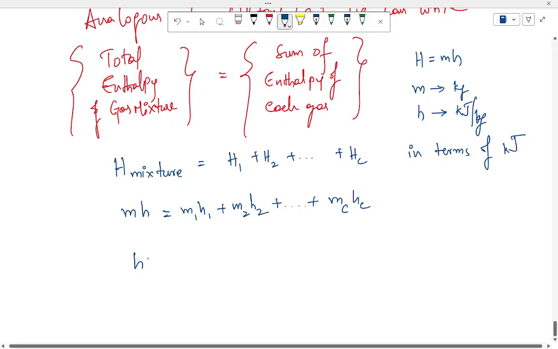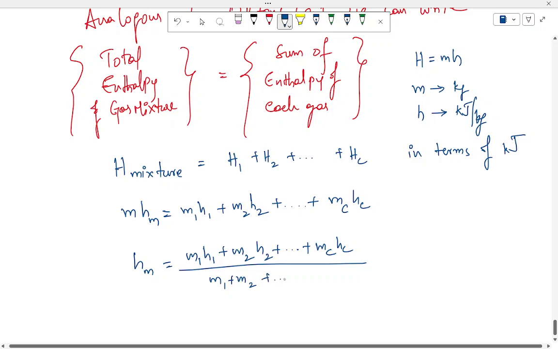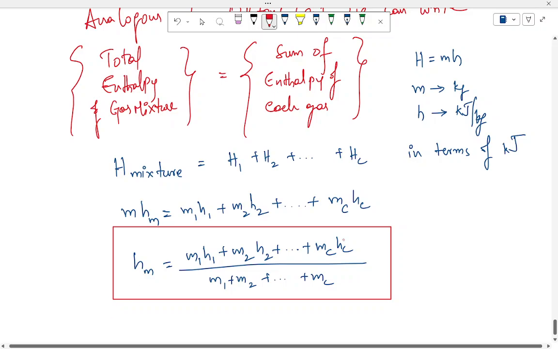So if I want the h of the mixture now, hm equals m1 h1 plus m2 h2 plus so on plus mc hc by m, which is nothing but m1 plus m2 plus so on plus mc. So that is the expression for your hm, that is the enthalpy of the mixture of gases.